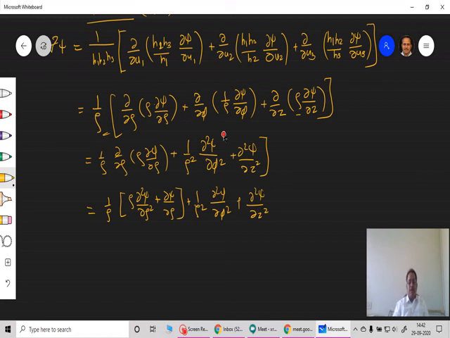And again you can separate out these terms. Therefore del square psi is equal to ∂²psi/∂rho² plus 1 upon rho times ∂psi/∂rho plus 1 upon rho square into ∂²psi/∂phi² plus ∂²psi/∂z².